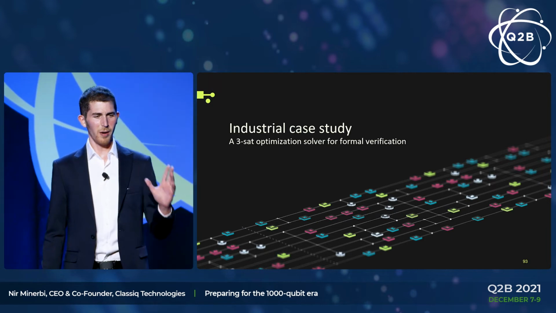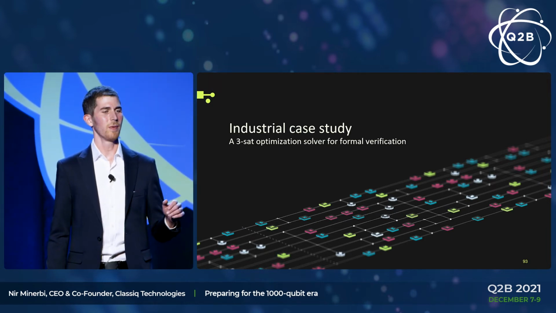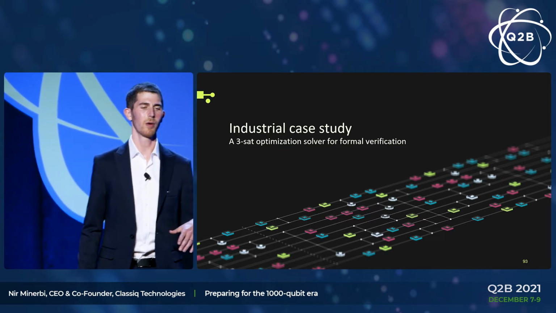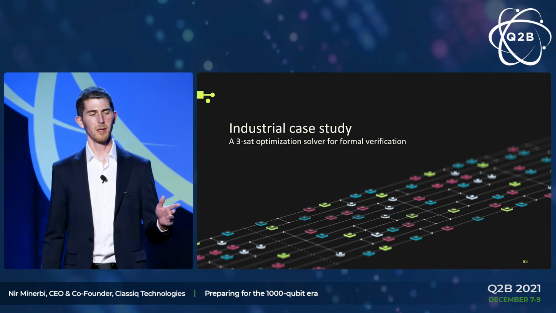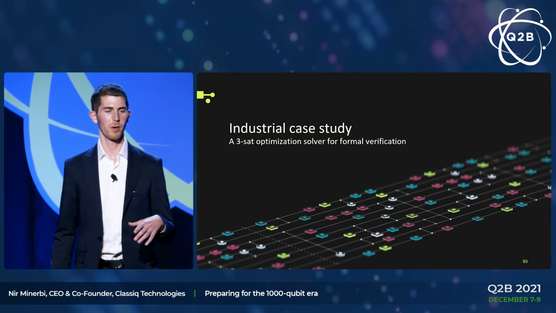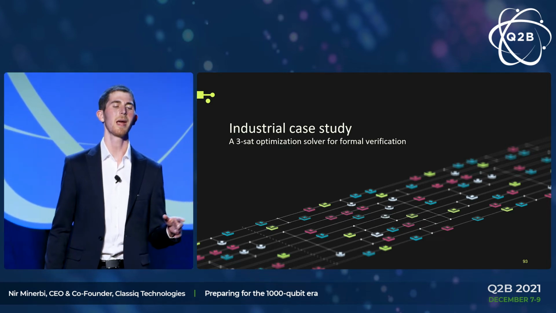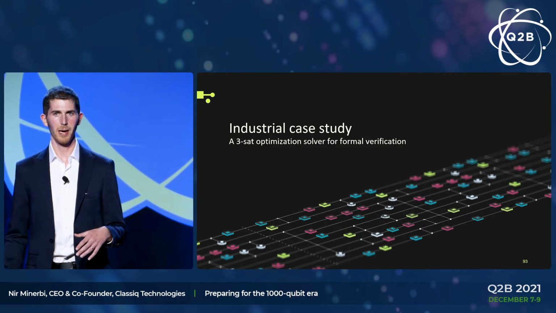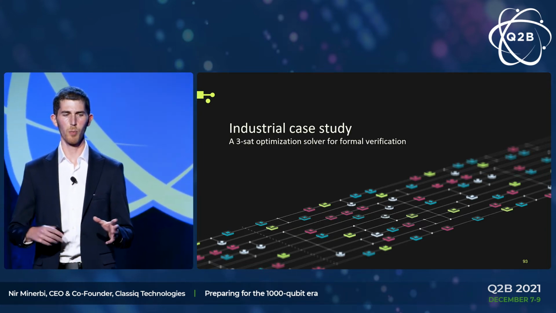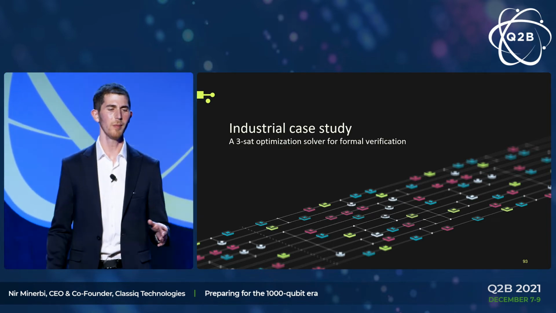Right, so I want to dive into one specific industrial use case that one of our customers designed. This is a 3-SAT optimization solver for the formal verification use case, but it could be applied to many combinatorial optimization problems.